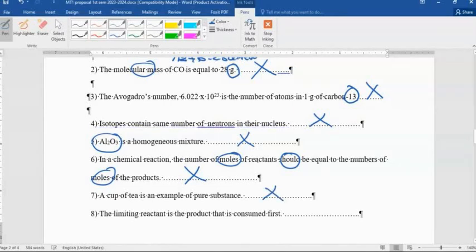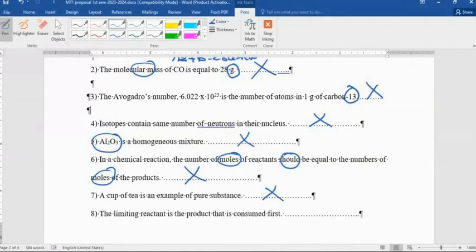A cup of tea, like orange juice, is a homogeneous mixture, not a pure substance. You see, question number 5 and 7 are related. So if I understand that aluminum oxide is a pure substance, automatically a cup of tea will be a mixture, and it is a homogeneous mixture.